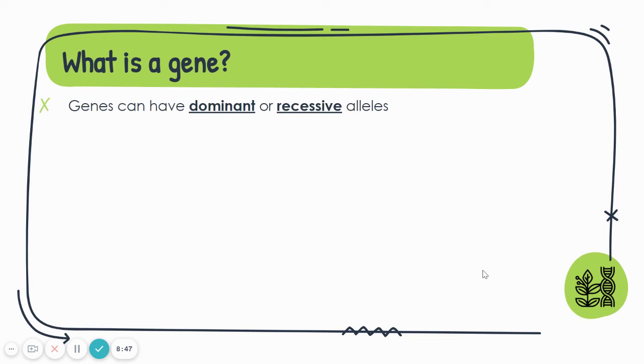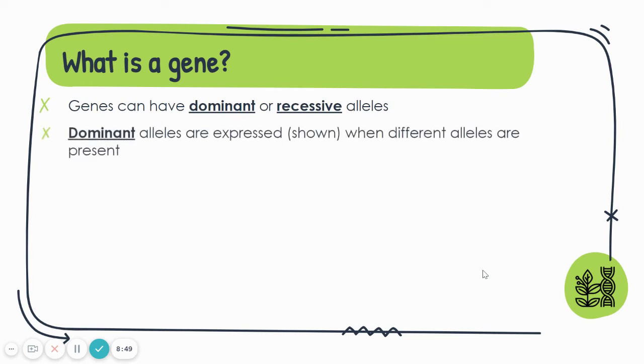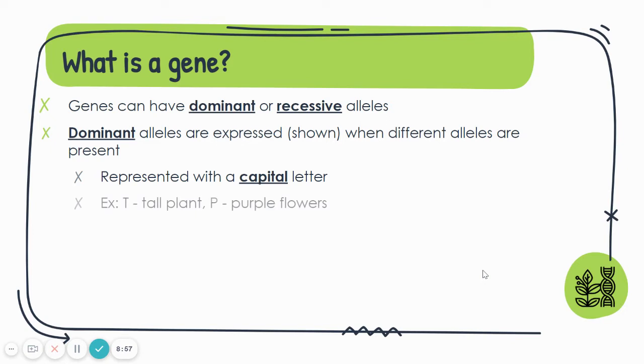Genes can have dominant or recessive alleles. So dominant alleles are alleles that are expressed or shown when different alleles are present. So we represent dominant alleles with a capital letter. For example, a capital T may represent a tall plant and a capital P may represent purple flowers. If the organism has that allele, has that capital letter, that's the trait that's going to be shown.